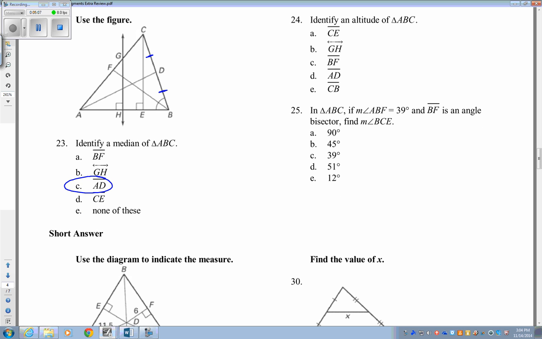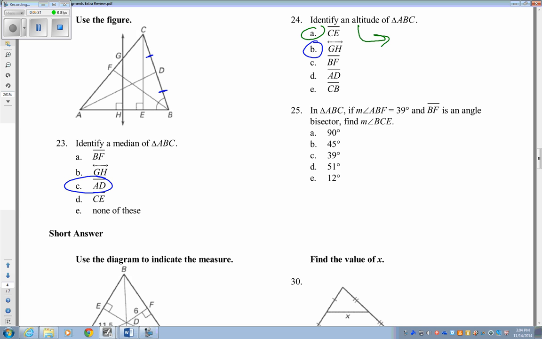Identify the altitude of triangle ABC. The altitude. You got B as your answer choice? And I heard an A. Who can explain to me what an altitude is?